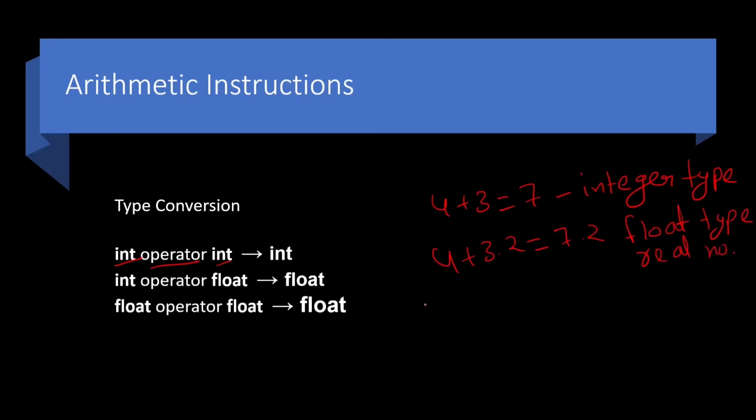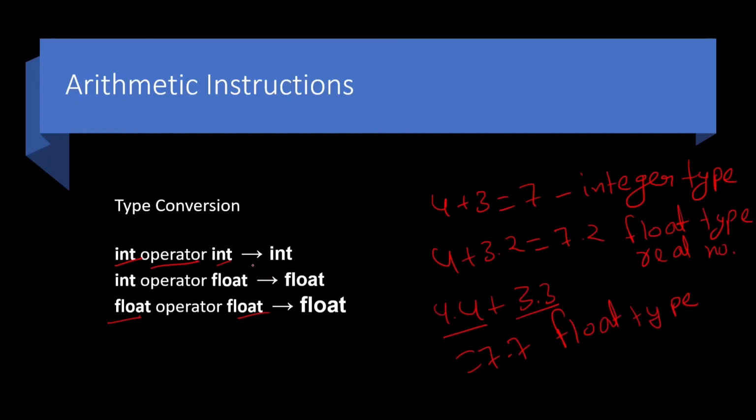Now similarly, if you provide 4.4 plus 3.3, which are both real numbers and floating data type, then the answer would be 7.7, and it is of float type.